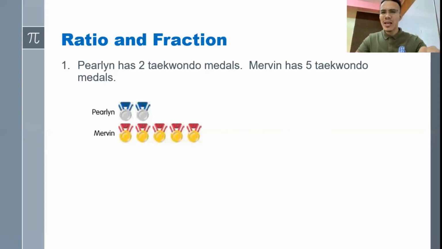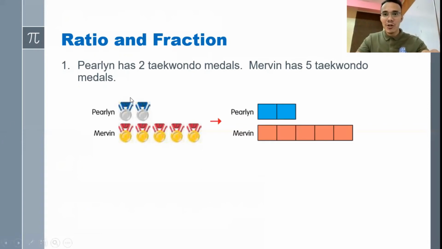And since we cannot always draw whatever object is mentioned in the problem, we can represent these medals using bar models. So instead of drawing 2 medals, we can draw 2 bar models. And for 5 medals, we can draw 5 bar models.